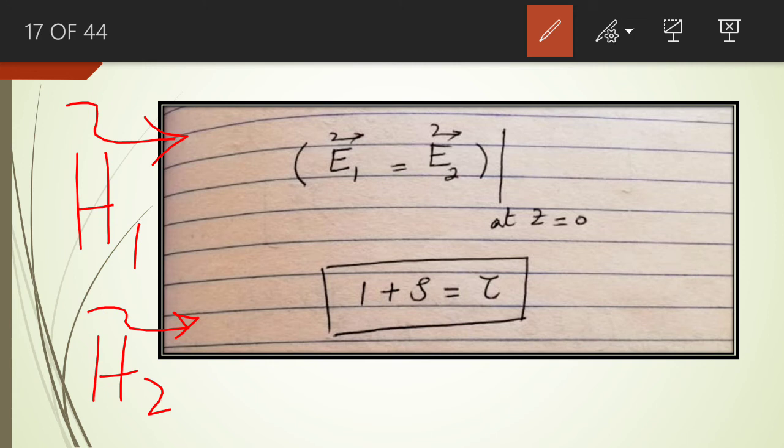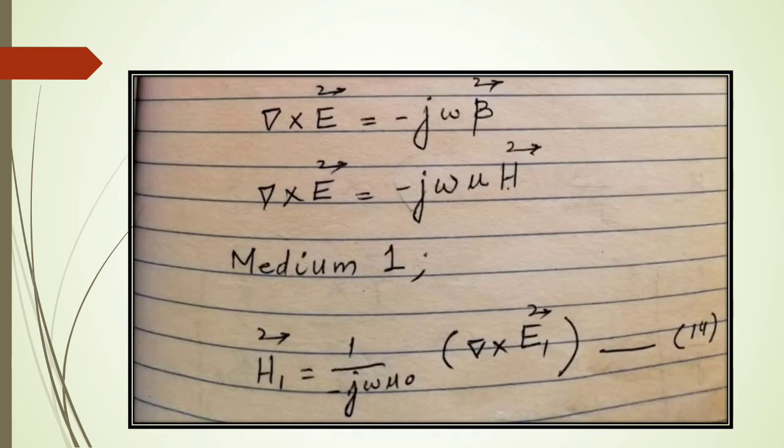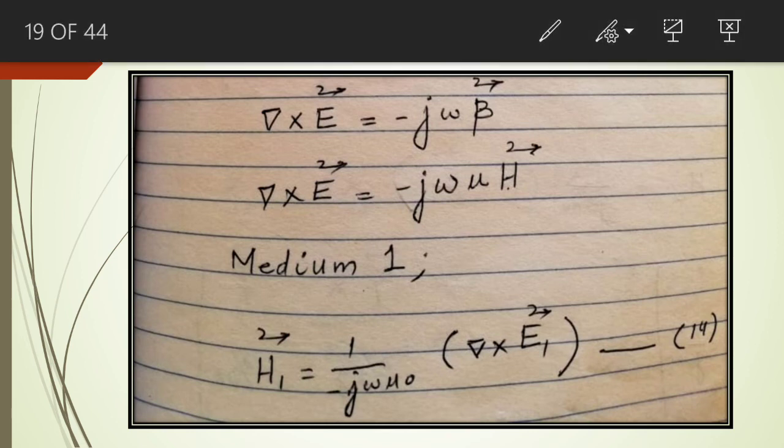So let us establish the equation for H1 in medium number 1, and let us establish the equation for H2 in medium number 2. So we establish the equation for H1 in medium number 1 with the help of Maxwell equation.